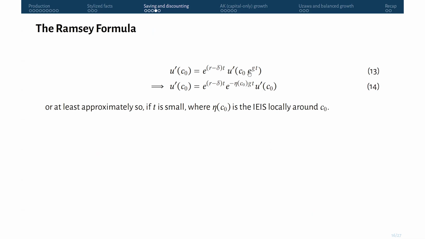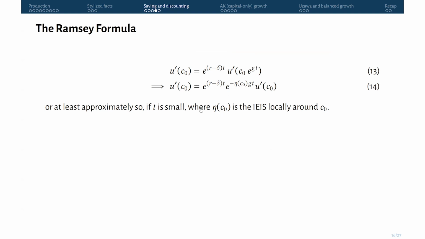Why? Well, recall from before when we were dealing with elasticities of substitution, and in particular inverse elasticities of intertemporal substitution, that the marginal utility, right, every time consumption rises by 1%, the marginal utility of consumption is going to fall by eta times 1%, where eta is that inverse elasticity of intertemporal substitution.